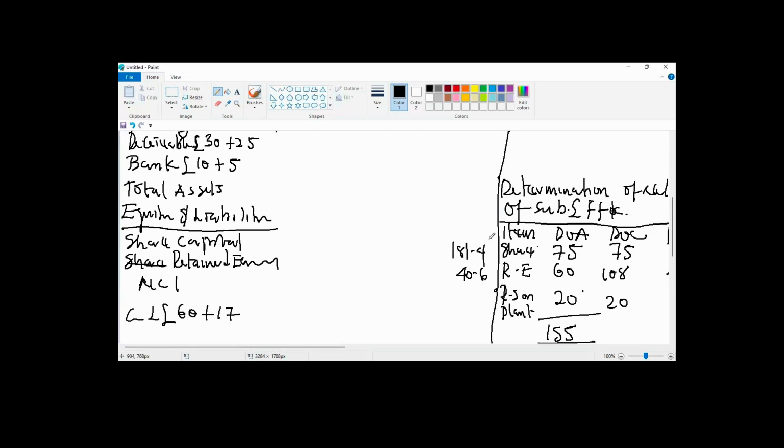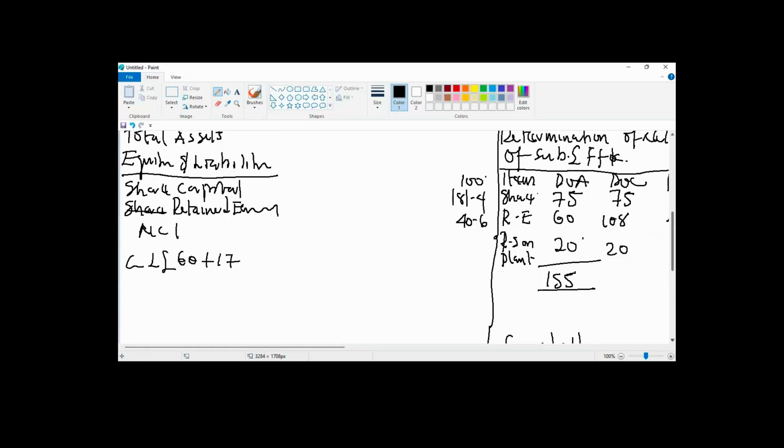What is the share capital of the parent? 100. This will give me 77.